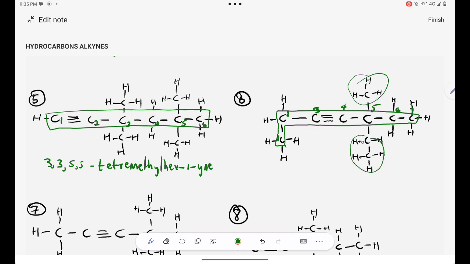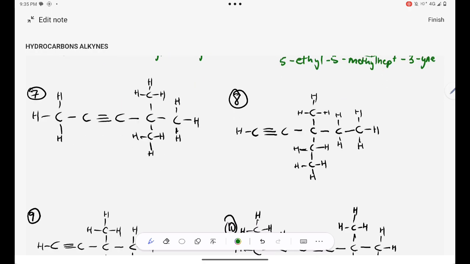I have a methyl and ethyl. Whenever I mention the additions, I must always mention them in alphabetical order. So I'll simply say at carbon number 5, I have an ethyl, and then also at carbon number 5, I have a methyl. And then the parent chain has 7 carbons, so this will be hept. And then between carbon number 3 and 4, I have a triple bond, so I'll simply write 3, and then this will be yne.